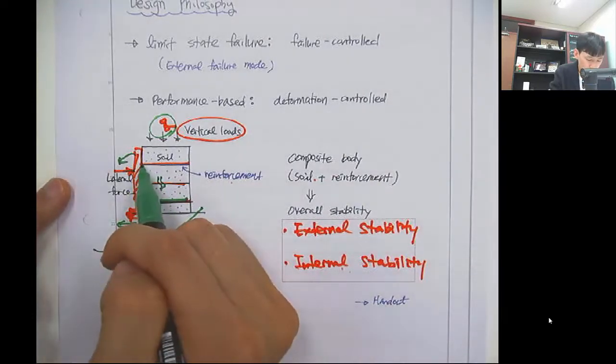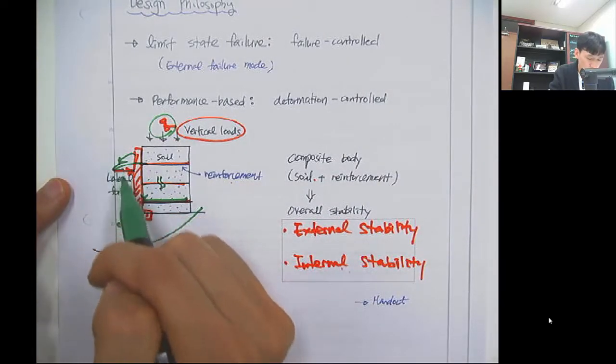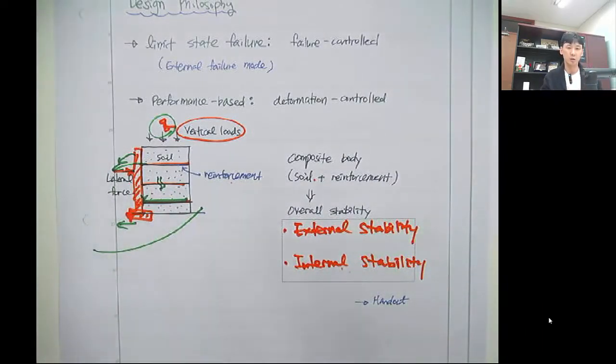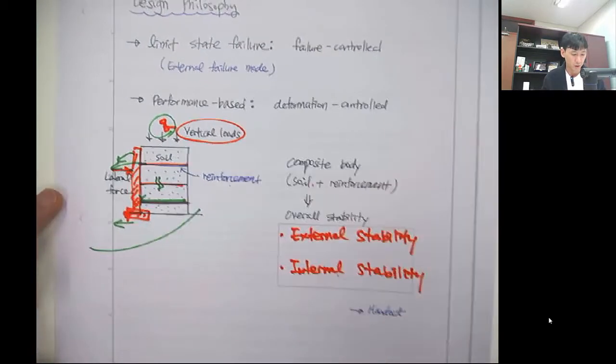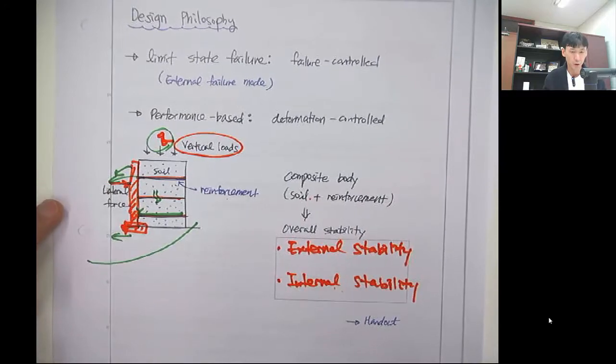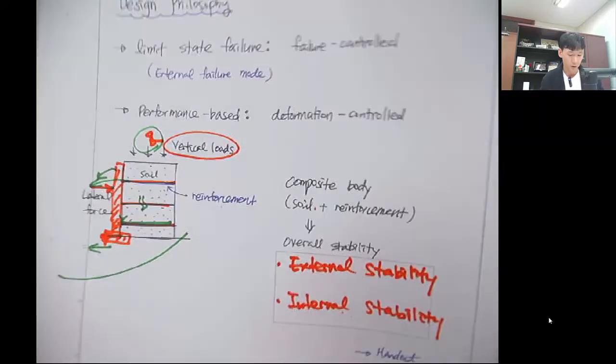Or this can just be pulled out when there's active pressure, which is called a slippage failure. We're going to see these different modes of failure in the handout.